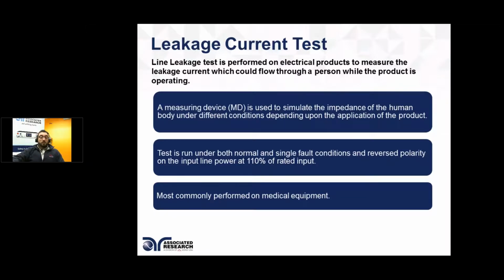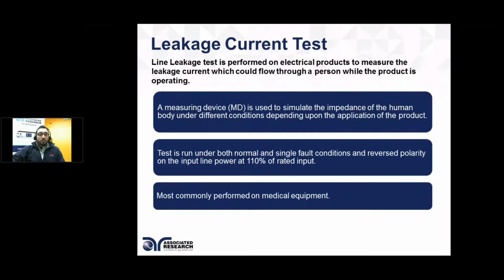Normal conditions means just a device powered on and some leakage current measurements being made, and the fault conditions are things such as an open neutral condition, a reverse polarity, or an open ground condition, and we'll look at that once we look at the circuit. The most common uses of leakage current tests are in the medical industry due to the strict regulations and the types of medical devices that there are out in the field.